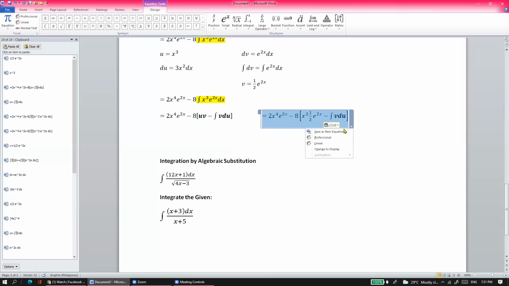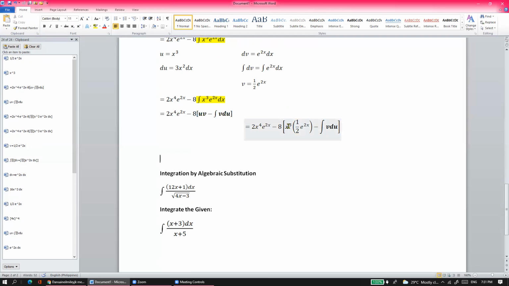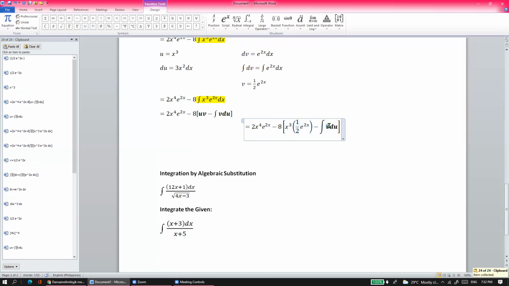But, lalagyan ko muna siya ng parenthesis. And that's it. Now, yung B doon, ganun din, 1 half e to the 2x. Copy ko ulit yan. And then du will become 3x squared dx. Yung pinakadulo.